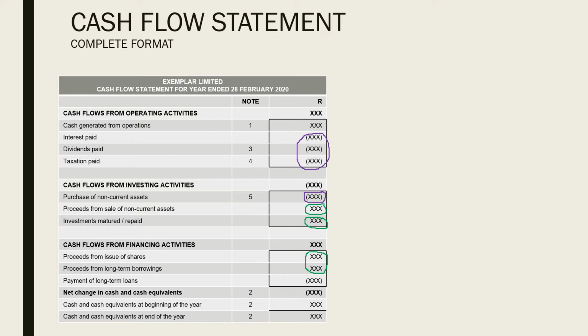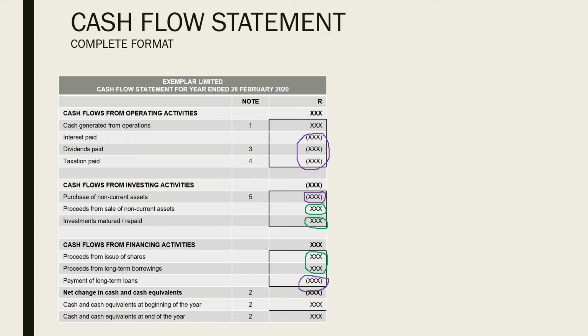Proceeds from the long-term borrowings, when we borrow more money, when we receive loans, that is also going to cause an inflow of cash. But when we repay those loans, you'll see the payment of long-term loans, when we make a payment that will cause an outflow of cash and therefore the amount will be bracketed.